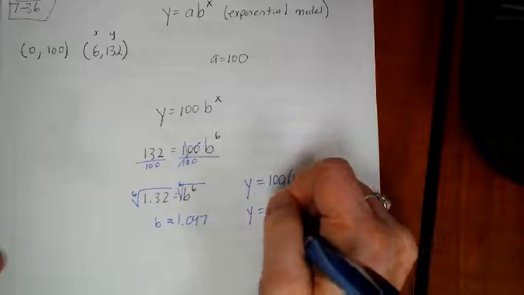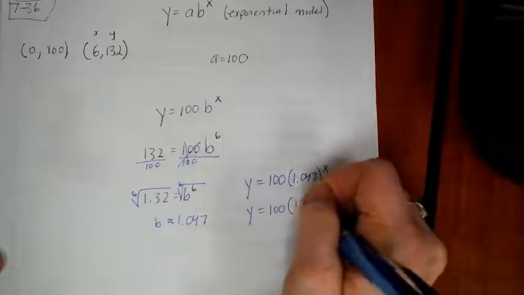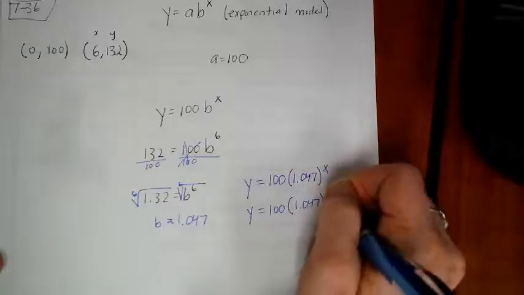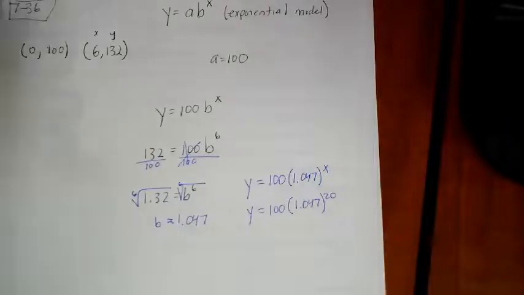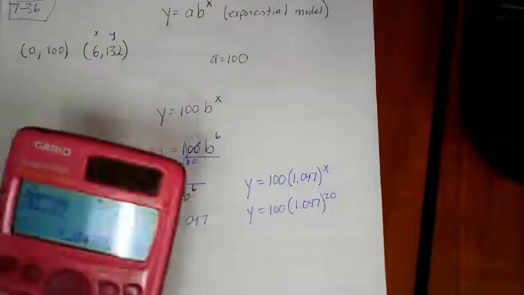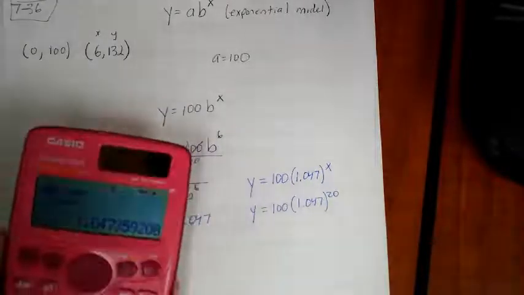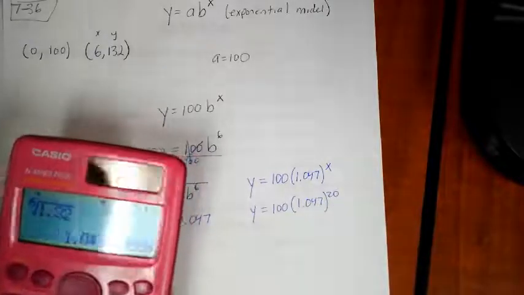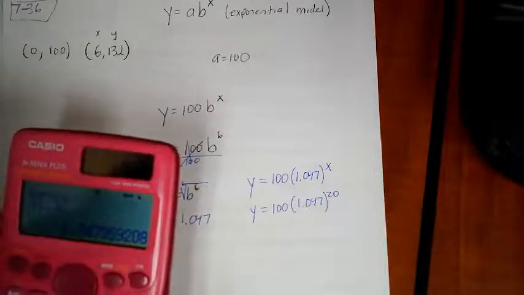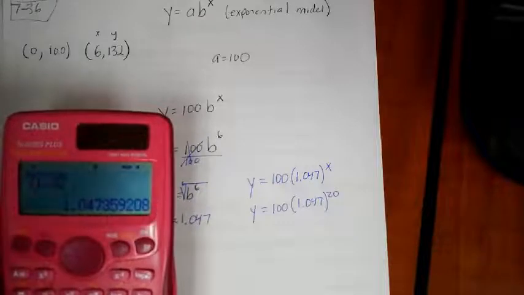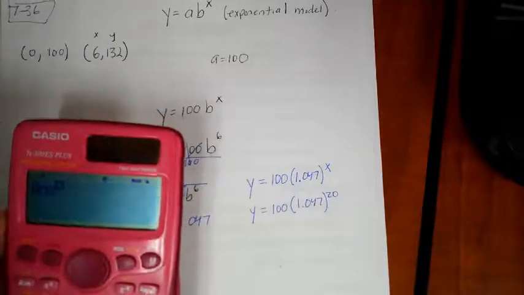So y equals 100 times b to the 20. So we've got to use the order of operations when we do this. I already have the number in my calculator, so I'm just going to raise the unrounded number to the 20th.